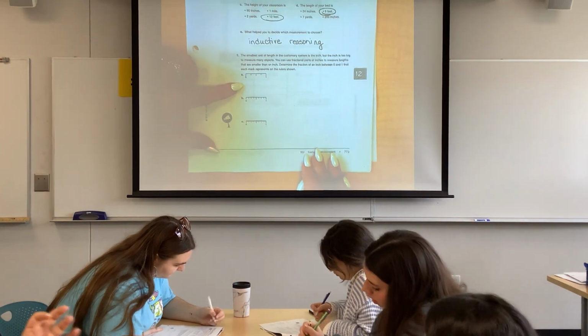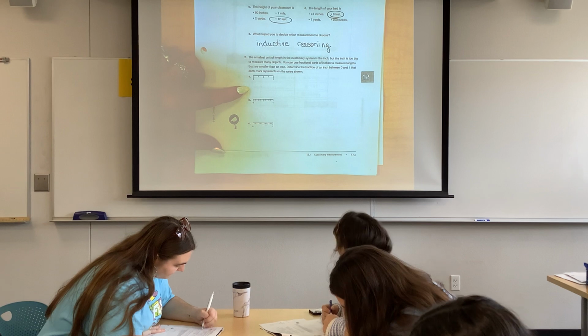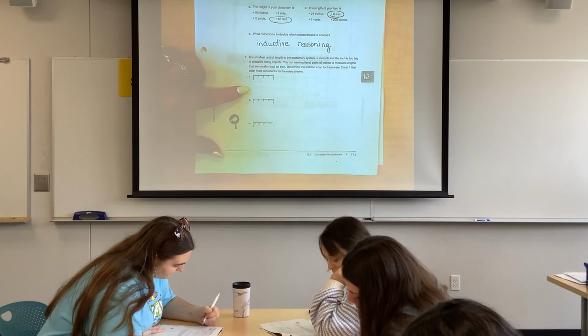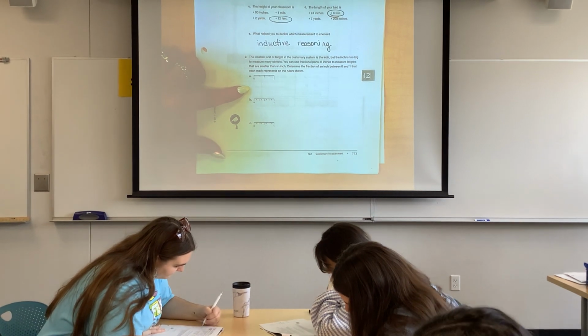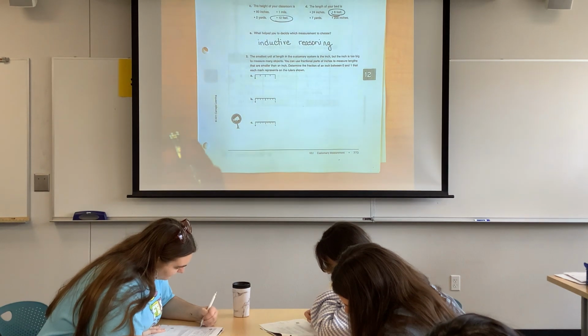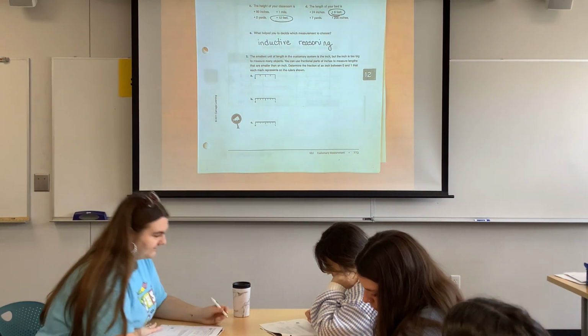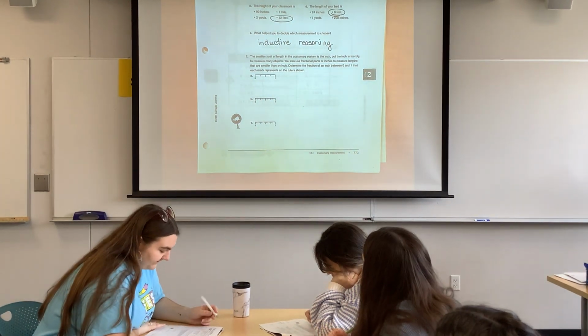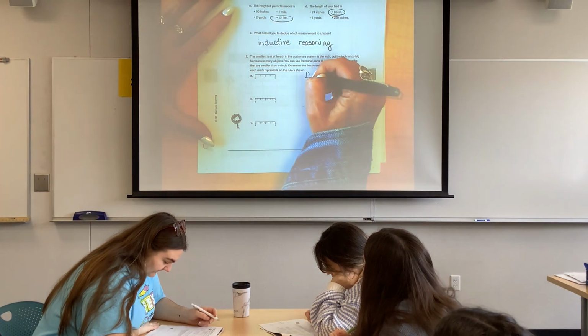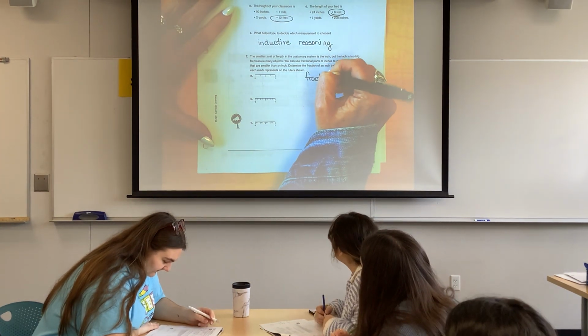All right, so now, in customary measure, the rule of thumb is, if students see customary units, inches, customary, we're talking about standard, not metric, right? The rule of thumb is they use fractions, okay?